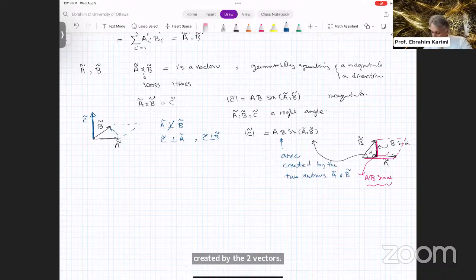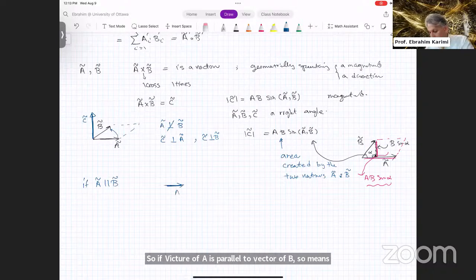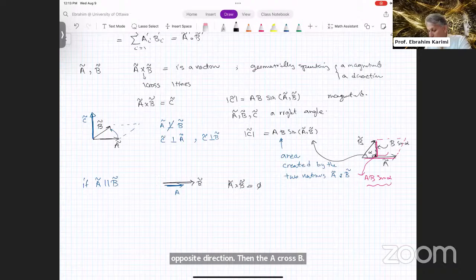So if vector A is parallel to vector B, meaning that A is, for example, like this, and B also is parallel to that one with any magnitude or opposite direction, then A cross B, which is the surface created by these two, is equal to 0. Okay? So whenever you want to check if two vectors are parallel to each other, what you have to do is the cross product. So what I described here is fully the geometrical picture.